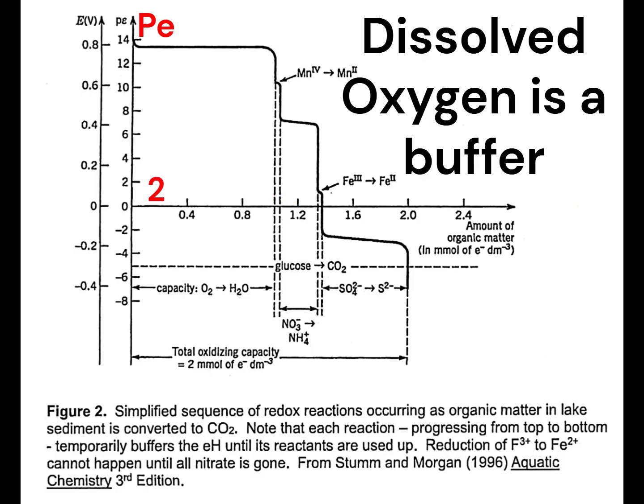Now, one of the challenges is that when you're trying to measure dissolved oxygen at really low levels, there's always an analytical uncertainty. So if it measures 0.3, it might actually be 0.1 or 0.5. It might even be 0. It's hard to be really confident when you're measuring levels that low.